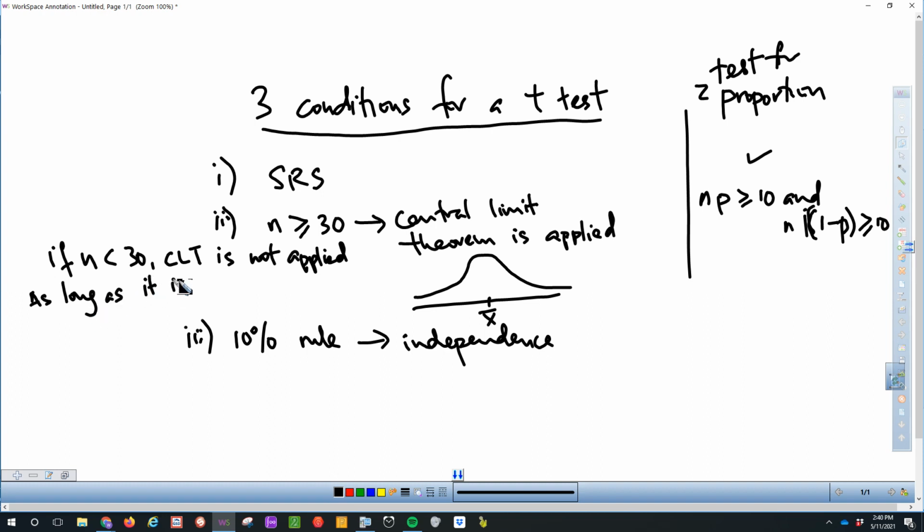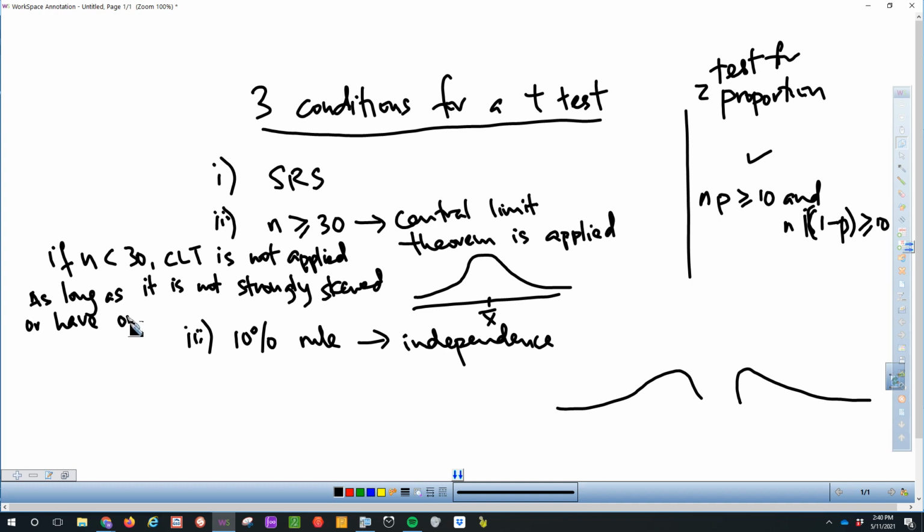As long as it is not strongly skewed. By the way, this is skewed left. This is skewed right. So as long as it's not strongly skewed or have outliers, it can be assumed to be normal.